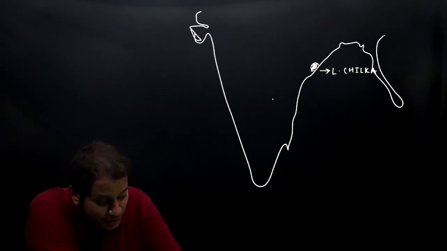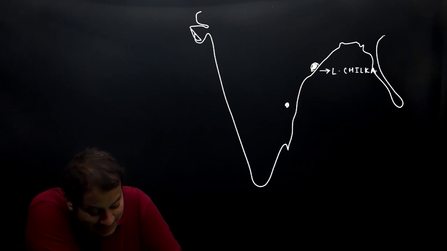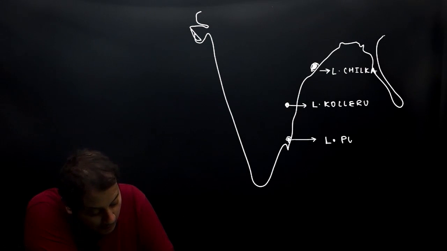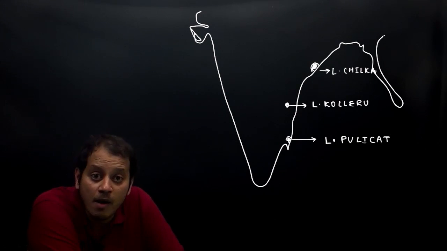After that, if you come down, what do you have? You have Lake Koleru, which is inland. And here we have Pulicat Lake, from north to south.